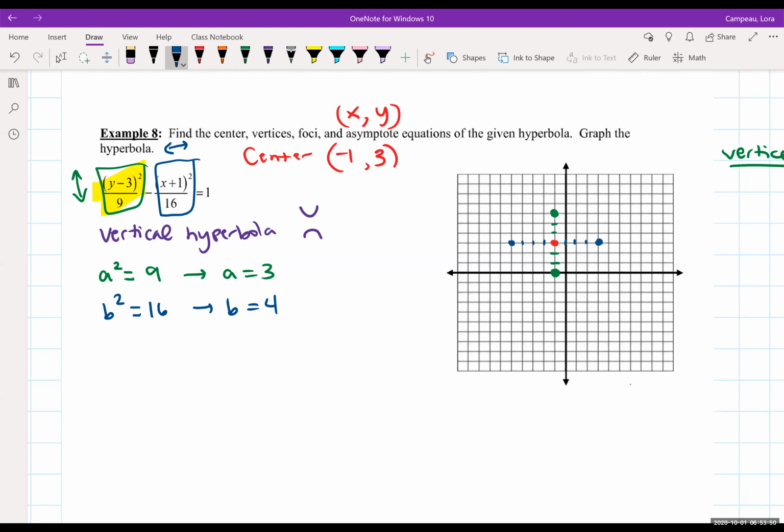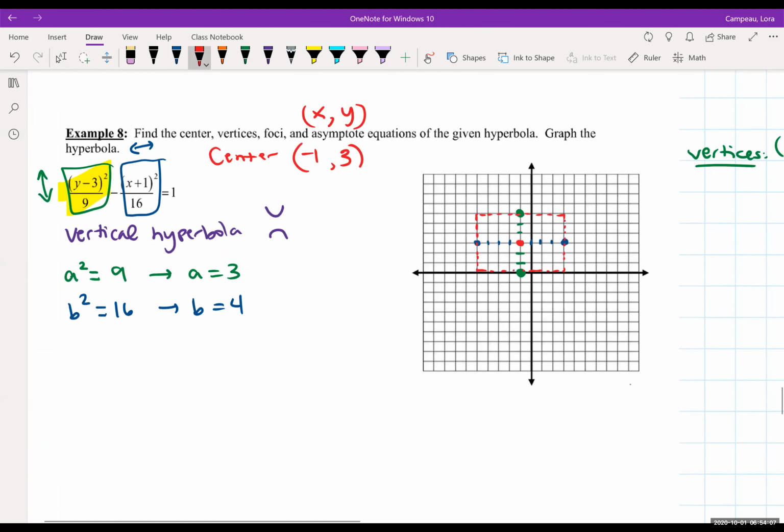It just helps you determine how wide to make the box. So we will make our center rectangle with dashed lines as wide and as tall as the a and the b. Now with that box, you can draw the asymptotes through the center and each corner.